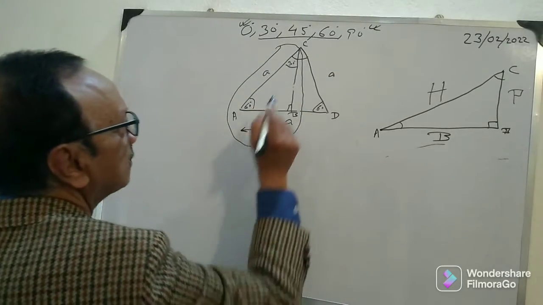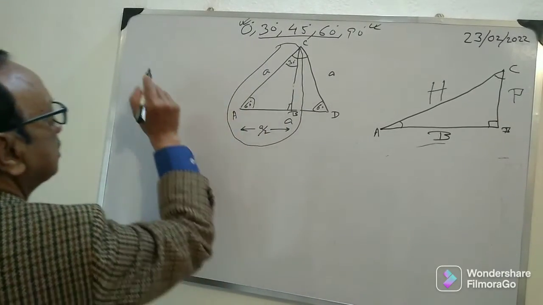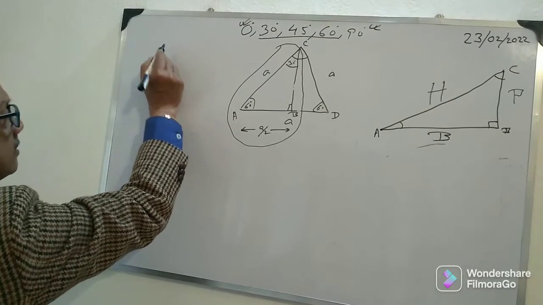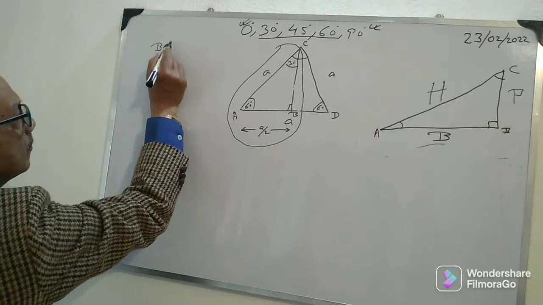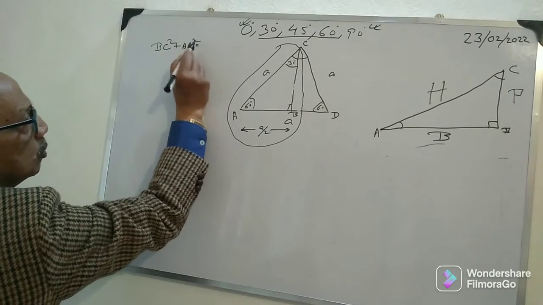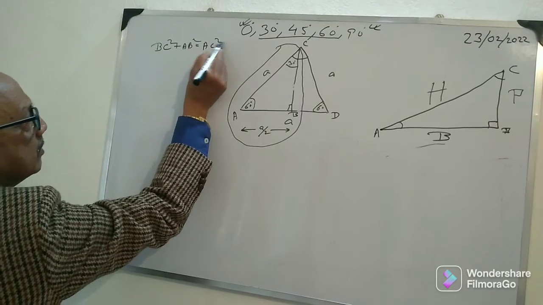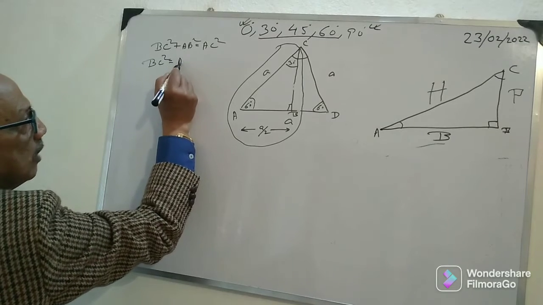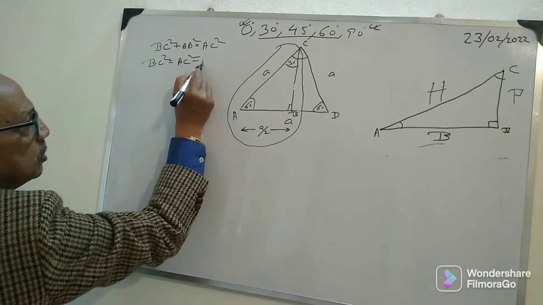Here we use the Pythagoras formula: BC square plus AB square is equal to AC square. That means BC square alone on the left side will be AC square minus AB square.